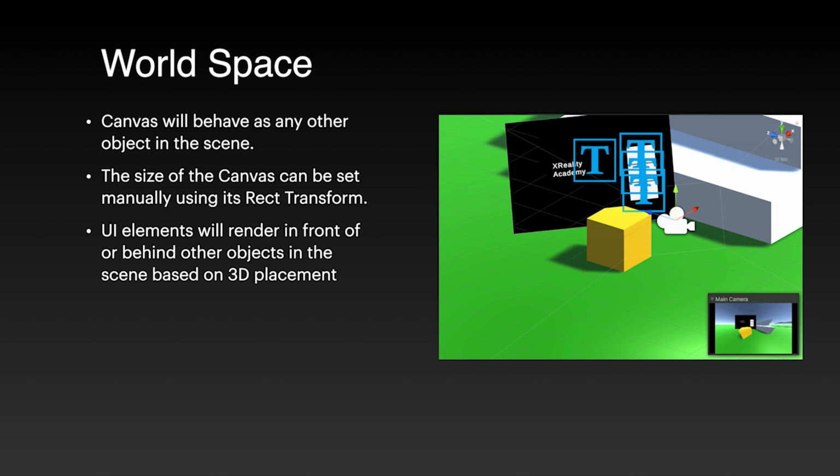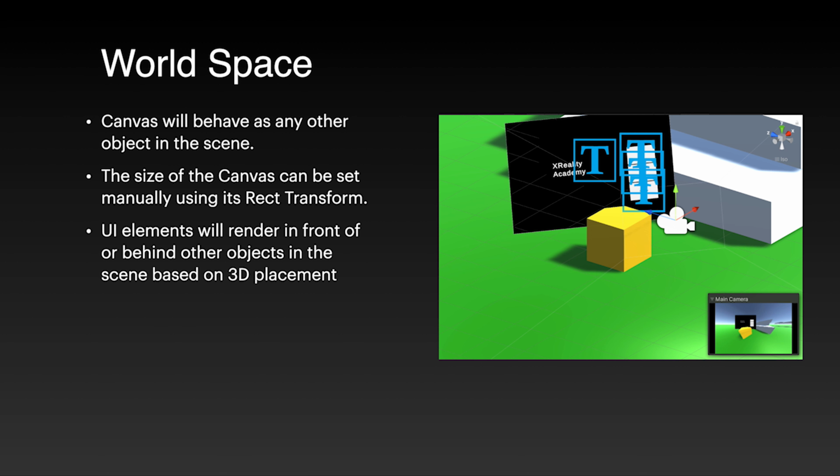The size of the canvas can be set manually using the rect transform. Later on, I will show you what that is. Rect transform is basically like the transform of a 3D object, right? With a 3D object, you can use transform to change its size and move it around. But in UI, it uses rect, which means rectangular transform.